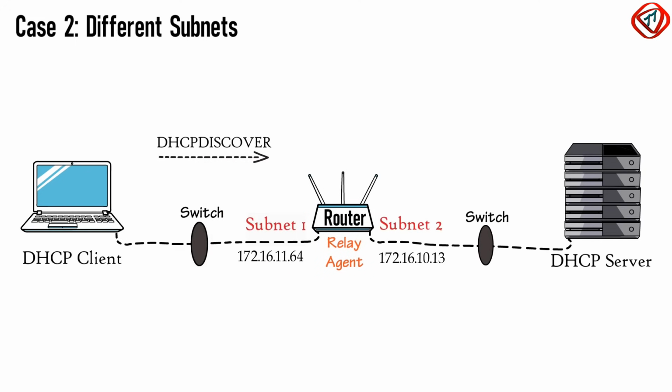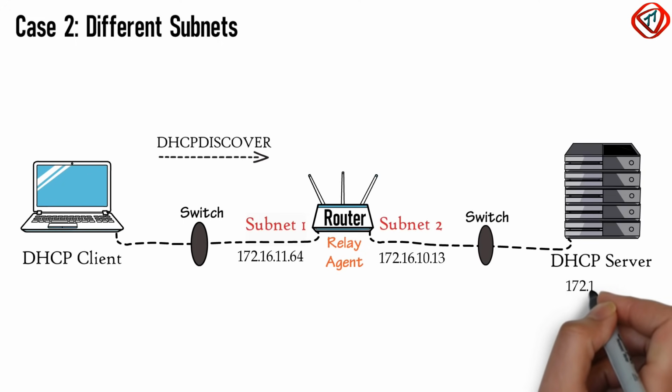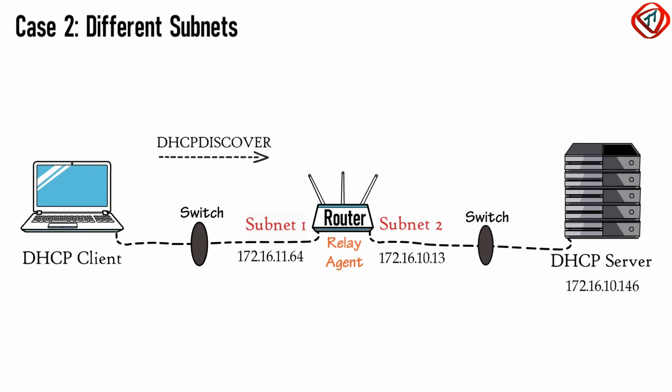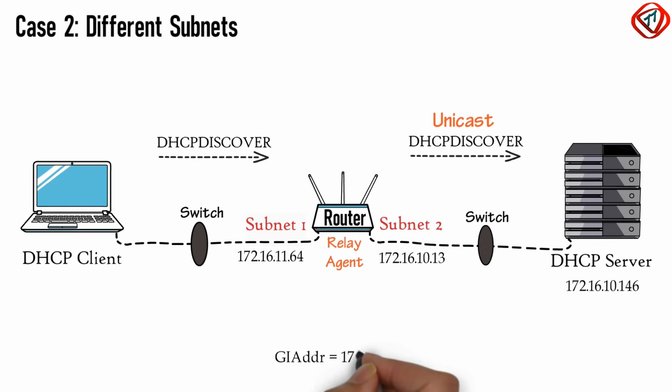As the relay agent knows the IP address of the DHCP server, it unicasts the received message to the DHCP server and fills the gateway IP address field with the IP address of the interface at which the relay agent has received the message. Gateway IP address gives information to the DHCP server about the subnet where the DHCP client is present.